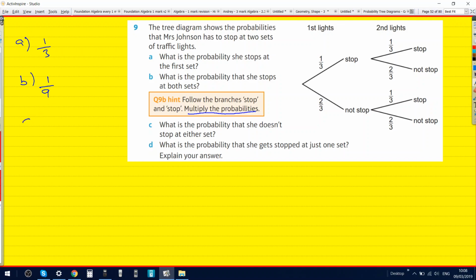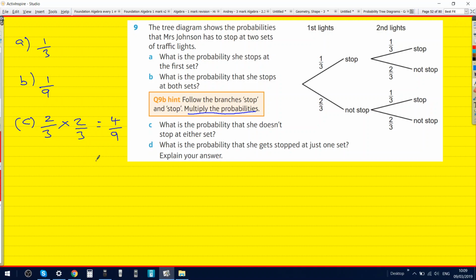Okay. What's the probability she doesn't stop at either set? So it'd be 2/9. Wait. Oh, sorry. I was looking at stop, then not stop. At the top. So it'd be 4/9.